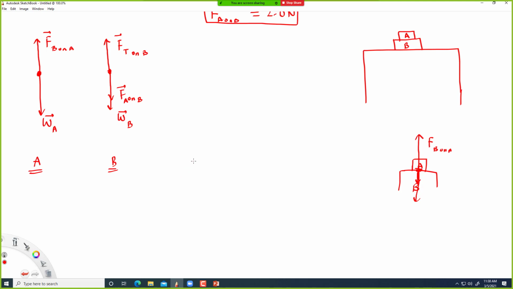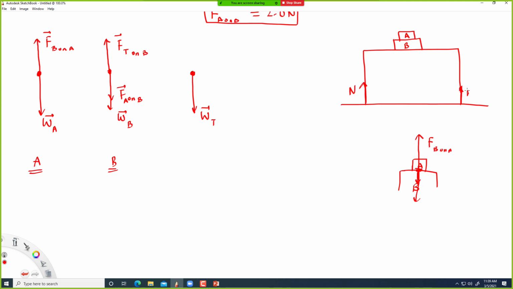And then the table. The table also has weight. So that's the weight of the table. And then the table is on the floor. That means the floor must be providing the normal force on the table.